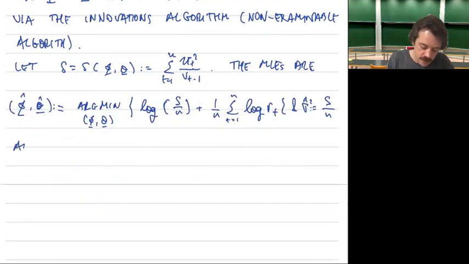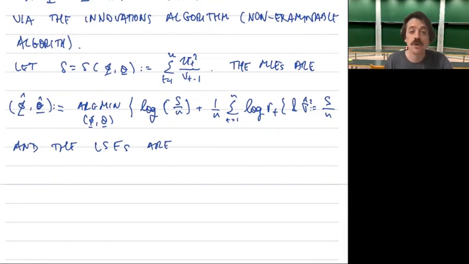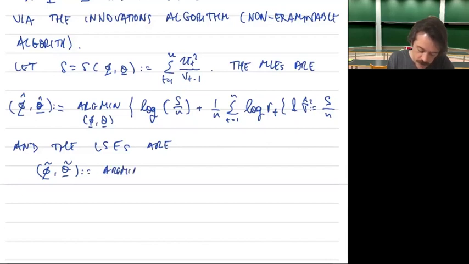And the LSEs, as I was saying before, the least squares estimators: we wish to minimize this sum of squares, and what we have here as the equivalent quantity is this S. So let us call them with tildes. This is going to be the argmin over this of the S.